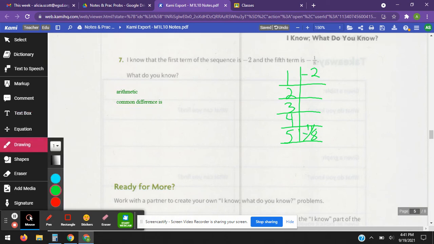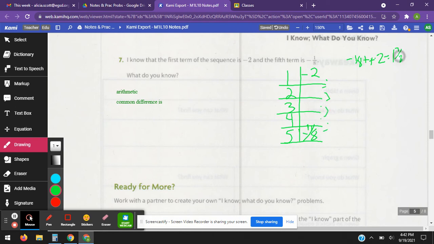Well, arithmetic. You take your last minus your first, and then you divide by how many you've got, right? So my last one is -1/8. So -1/8 minus a -2, which really means plus positive 2. So 2 minus 1/8 is 1 7/8. If I take 1 7/8 and divide it by 1, 2, 3, 4.